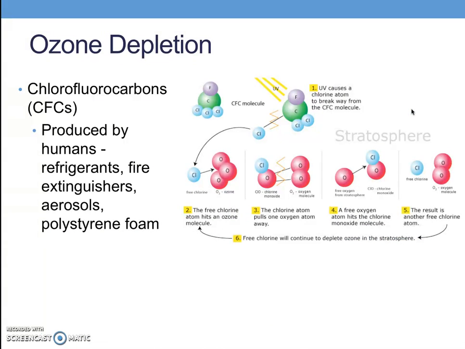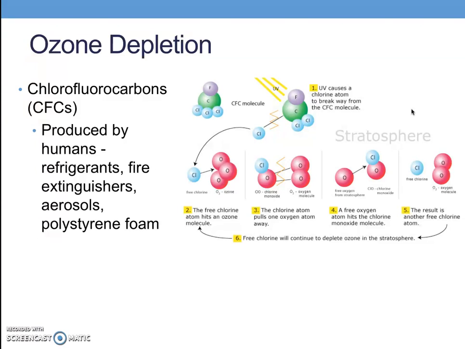Humans created chemicals called chlorofluorocarbons, or CFCs. These are completely man-made. They do not exist in nature. Humans created these chemicals and tested them, and at least at the surface, they didn't cause any harm to human health or any environmental harm that we could tell.